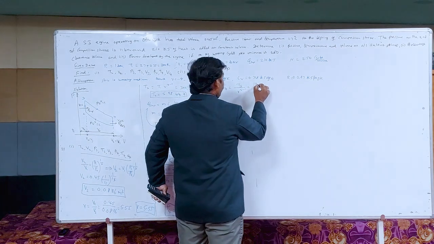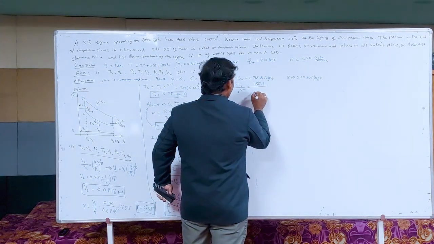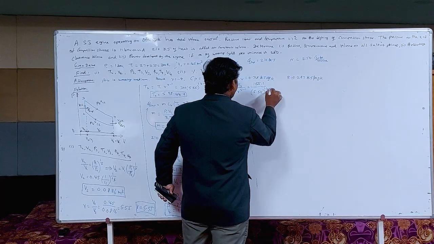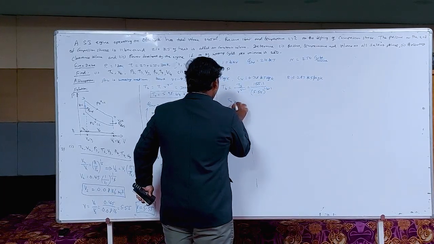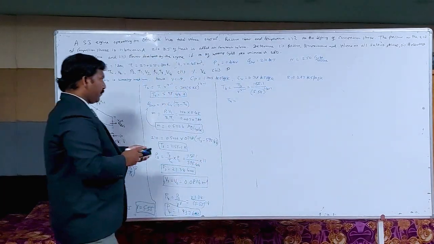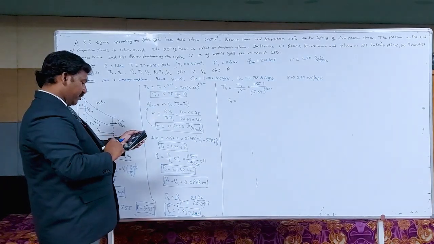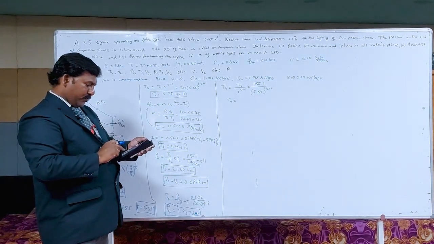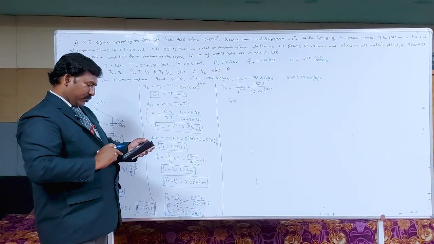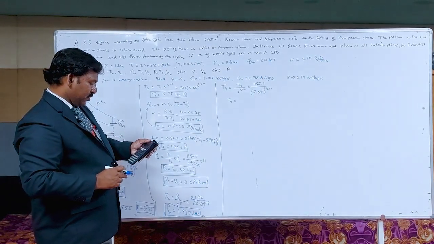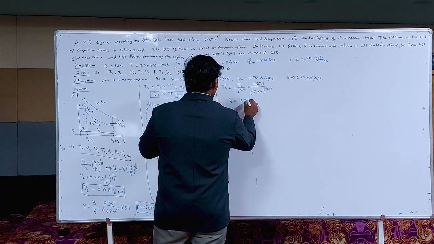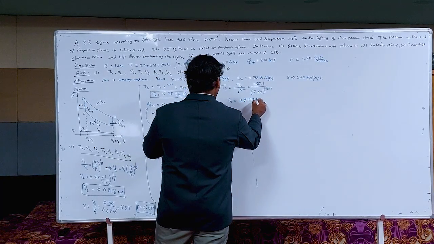So 1155.1 divided by 5.55 power 1.4 minus 1, that is 1155.1 divided by 5.55 power 0.4, which is 581.97 Kelvin.